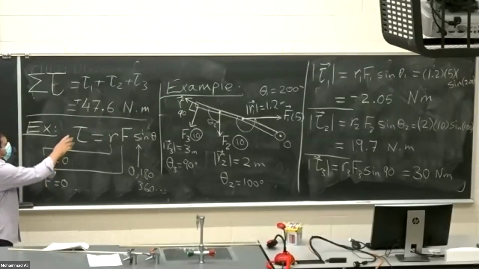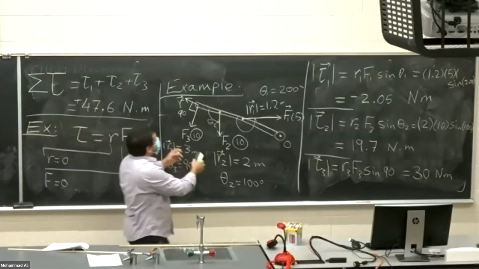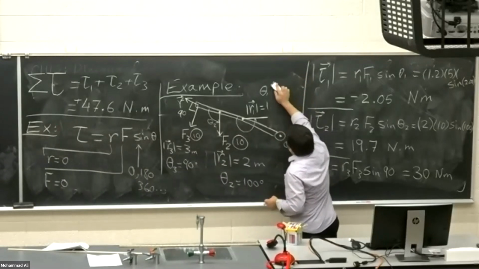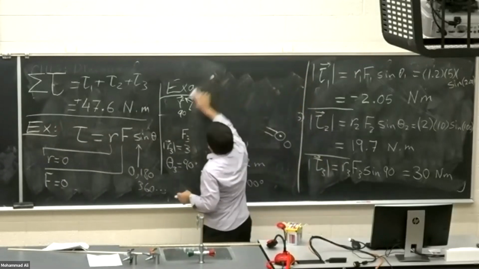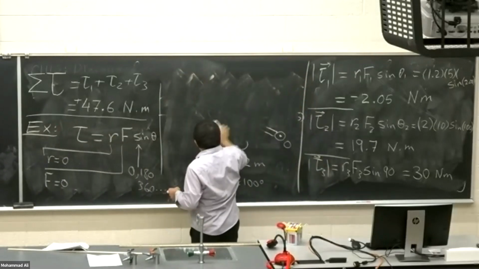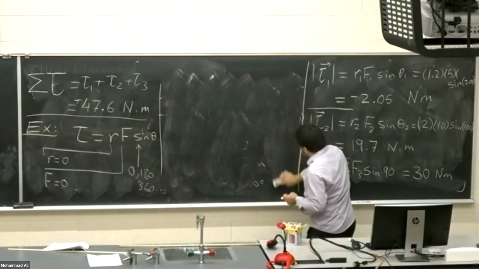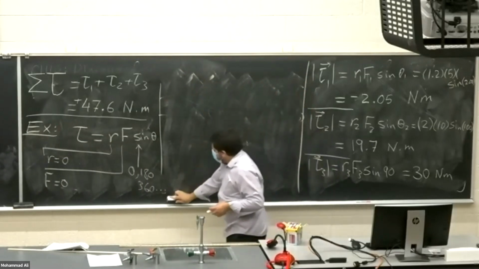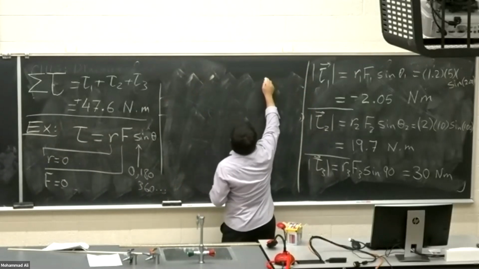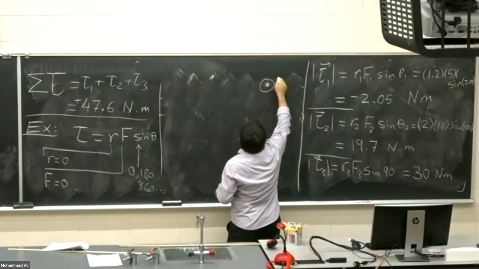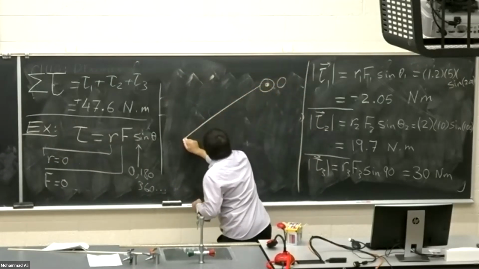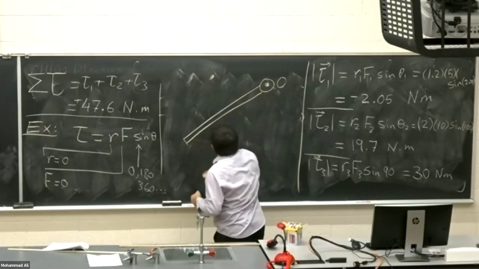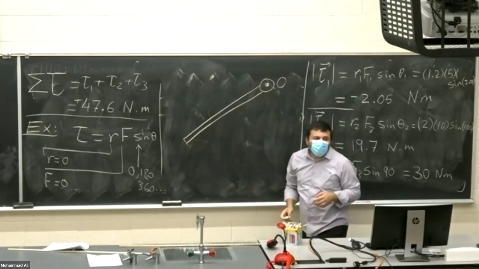Let us apply them on our shape, this one, rotated. This is the point of rotation, which is O. Okay. Any question?